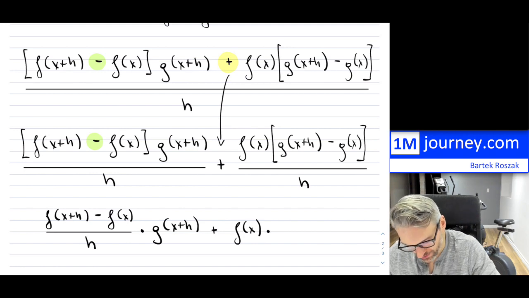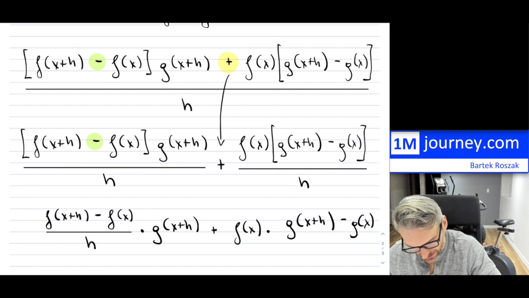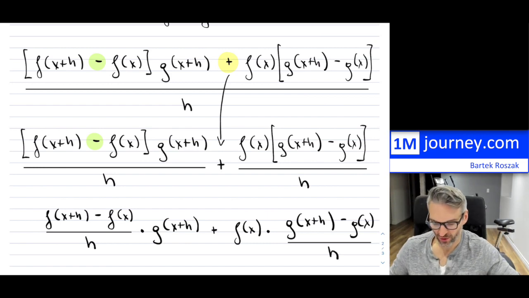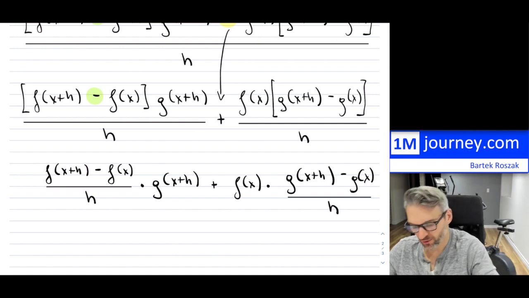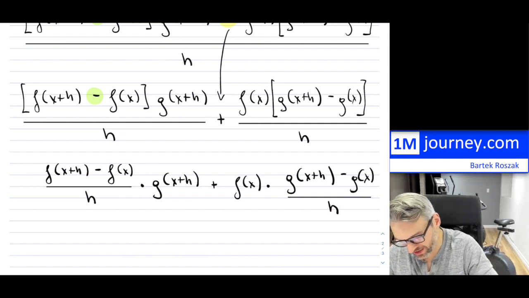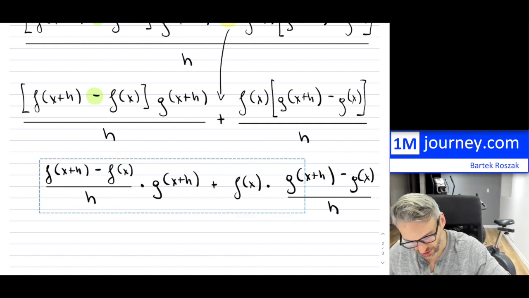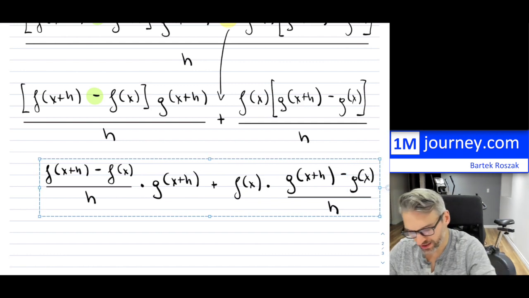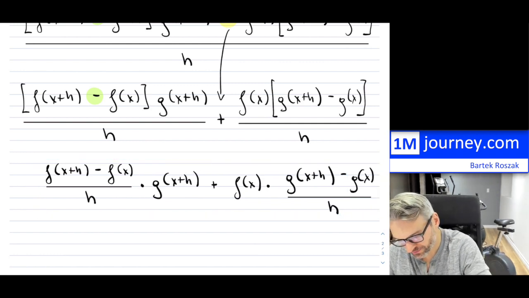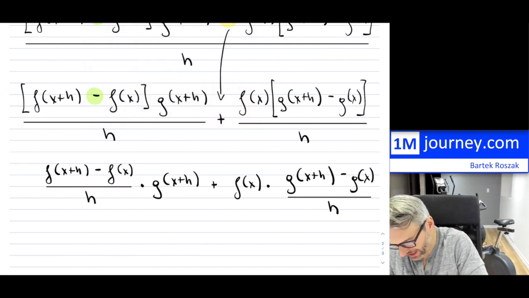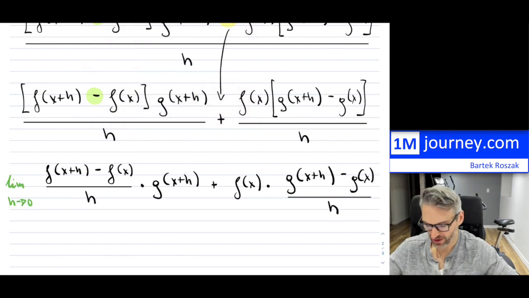Then that is going to be multiplying g(x plus h) minus g(x), and this is going to be all over h. Okay, so we're getting very close. Now, let's not forget that this entire thing, so this whole thing, was with respect to a limit. So we had to take the limit as h is approaching 0.